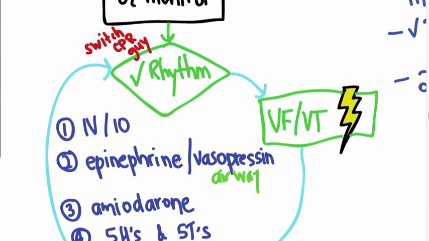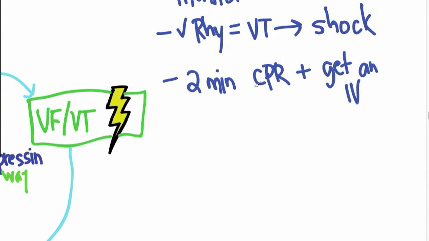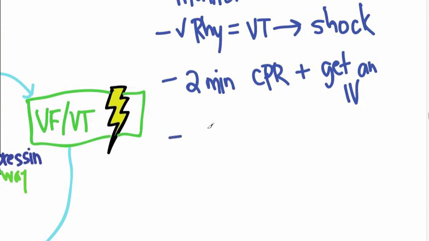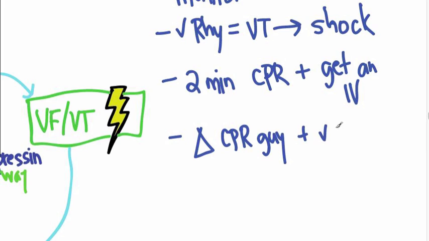So now we're back up here. We're going to switch the CPR guy. We're going to check a rhythm and shock if we need to, right? So let's do this. Change the CPR guy. So we have to pause in order to change the guy, so that's the best time to check a rhythm at that time as well.